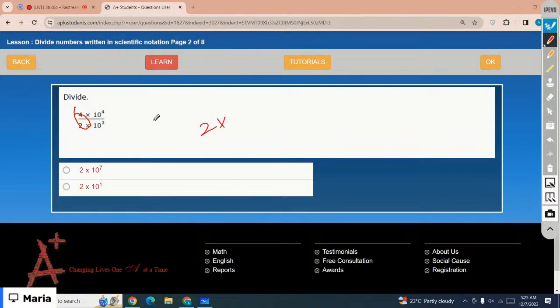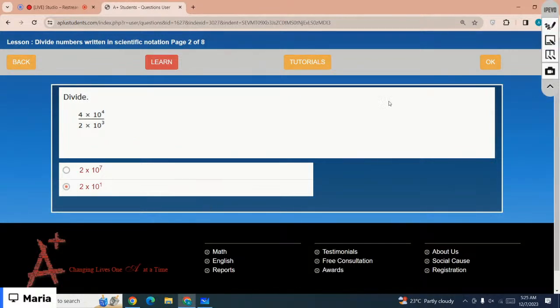Now they both have exactly the same bases. You need to subtract their exponents. So it would be 2 times 10 exponent 4 minus 3 is 1. So the correct option is 2 times 10 exponent 1, right? Option 2 is the correct option.